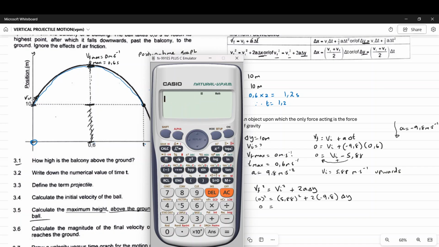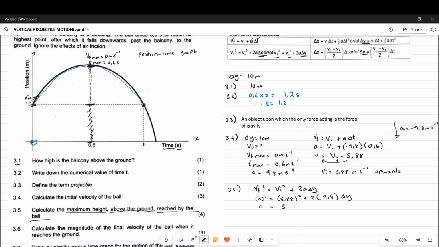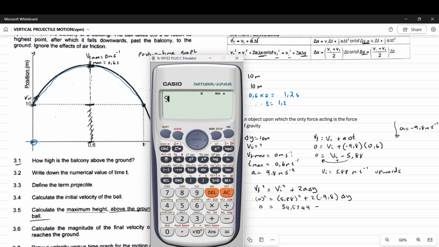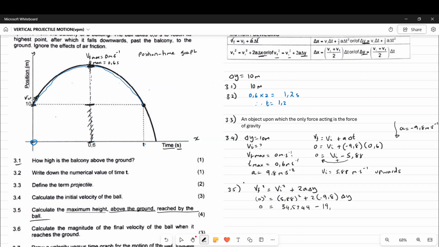So now we're going to have open bracket 5,88 close bracket squared, and that is going to give us 34,5 minus, this will give us 9,8 times 2, which will give us 19,6 delta y. So we can transpose this 19,6 to this side, right?